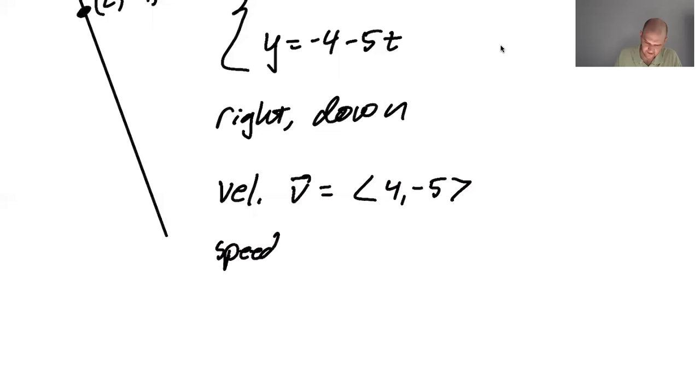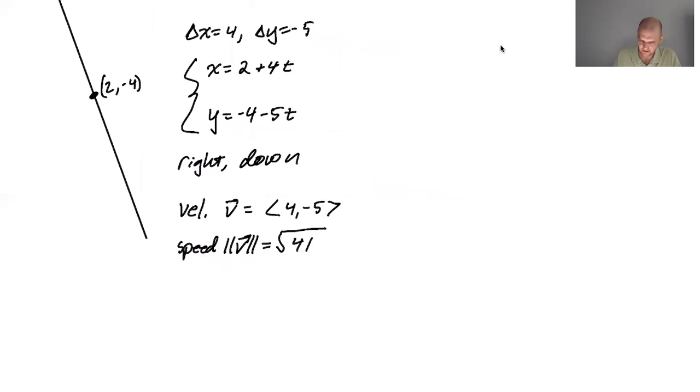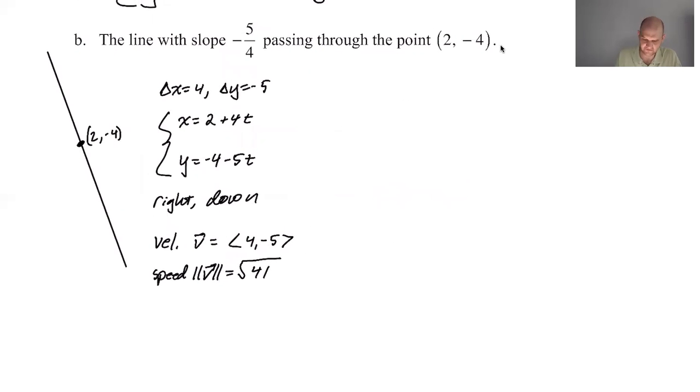Speed is the magnitude of velocity, and so that's going to be the square root of 16 plus 25, so square root of 41. We know that we're moving to the right and down: right because delta x is positive, down because delta y is negative. We know the velocity vector is <4, -5>, and the speed is the magnitude of velocity, which is square root of 41.